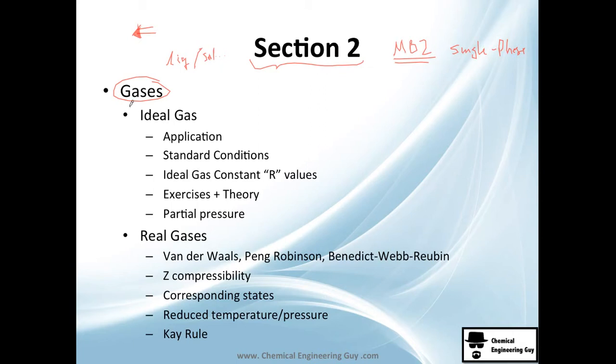We're going to split them into ideal gases and real gases. Ideal gases are essentially gases that we can model easily. We'll see their application, standard conditions, the constant and some values, and some exercises and theory, of course. Finally, we're going to see mixtures of gases, and what partial pressure is and why we need it.